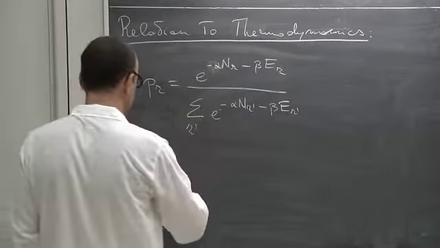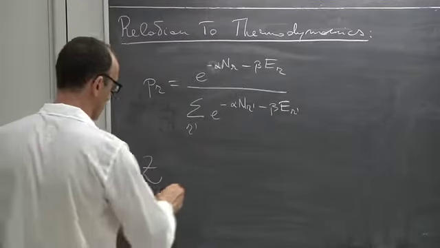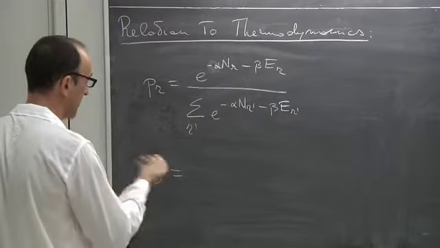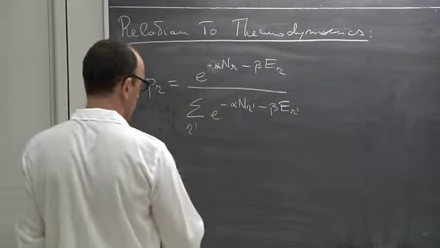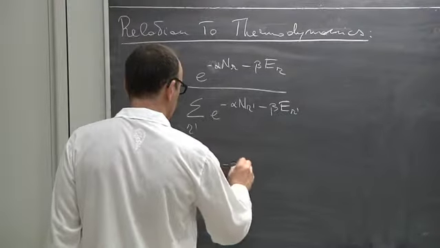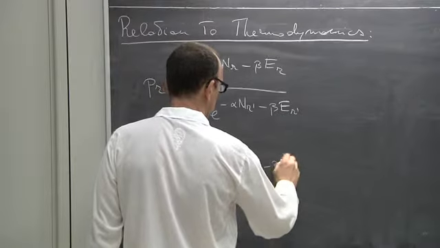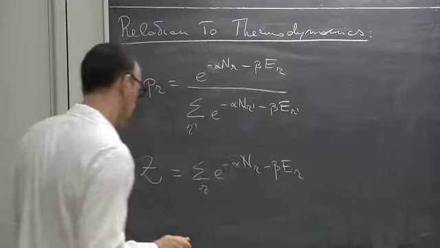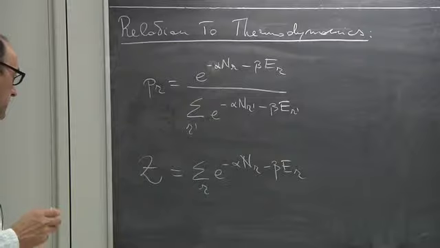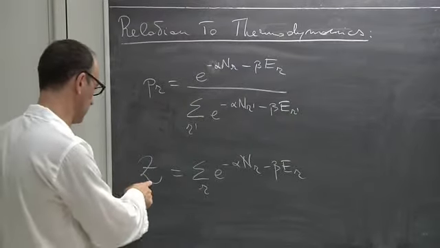Let's take as a guess this object, which I will call the grand partition function, which is the sum over all the states of e to the minus alpha n of r minus beta E of r. And let us consider the log of this object.